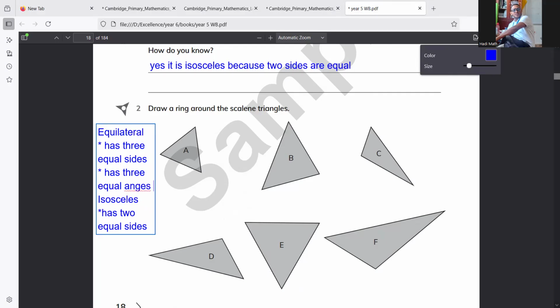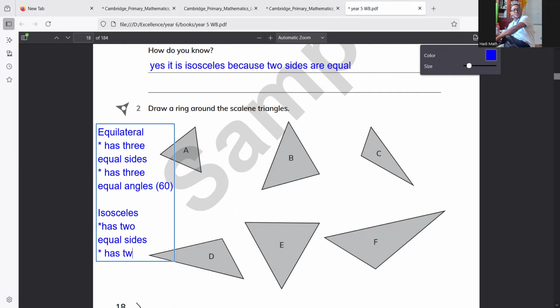Because the sum of angles in a triangle is 180, each angle is equal to 60 degrees. And the isosceles we say has two equal sides and also has what? Two equal angles.